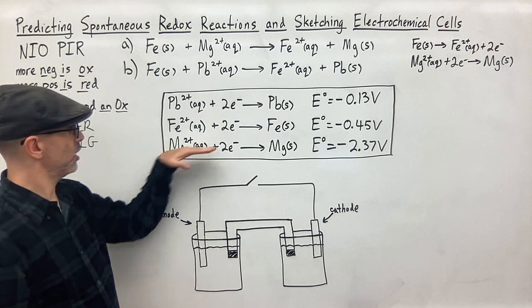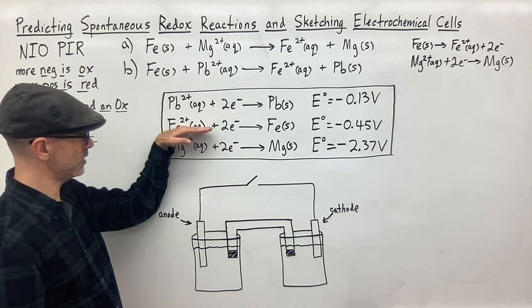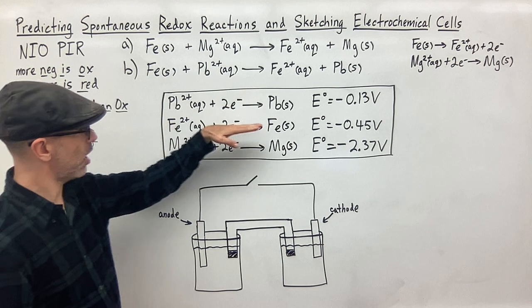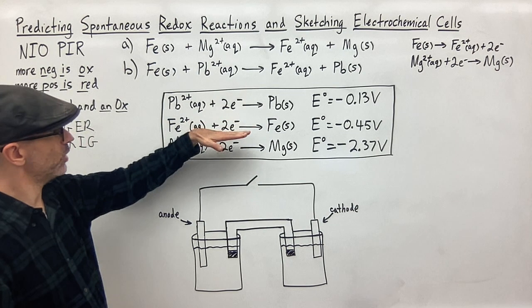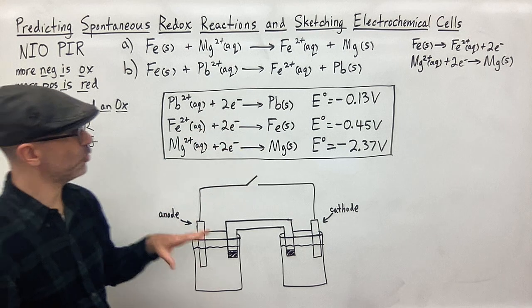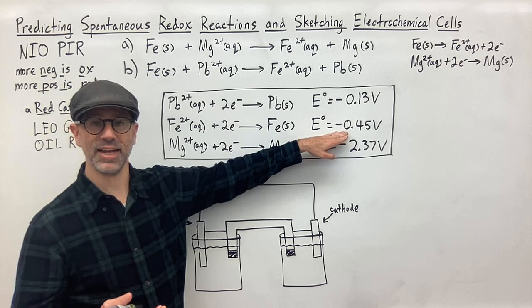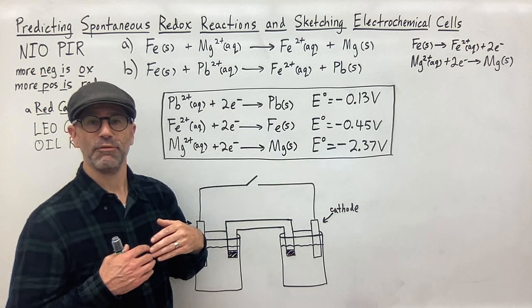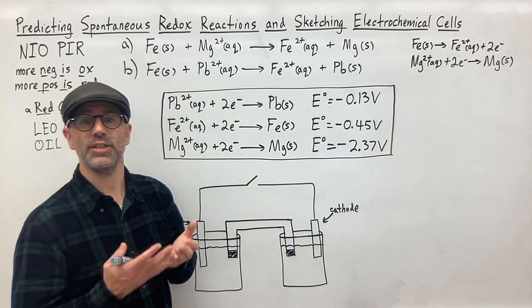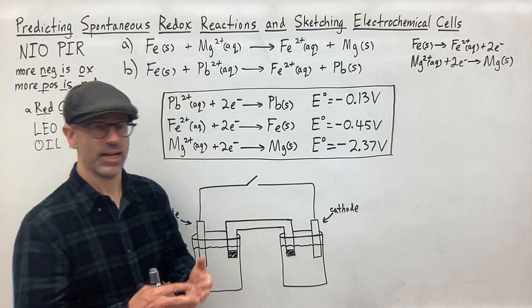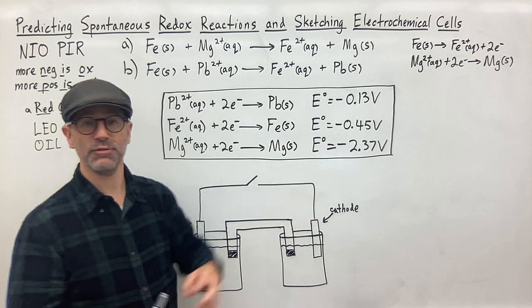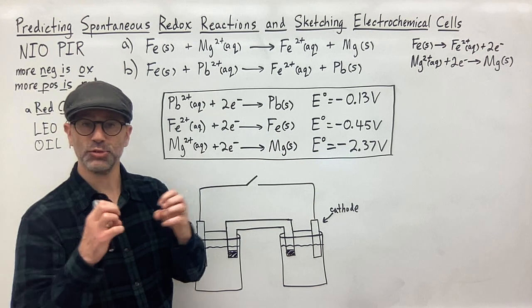So here you can see iron is higher on the table, therefore it's more likely to undergo reduction than this one. Another way you could think about it is think about electrons being negative. If electrons are negative, they don't want to go to the side that's more negative. Like charges repel.